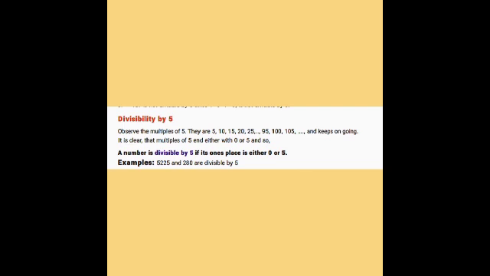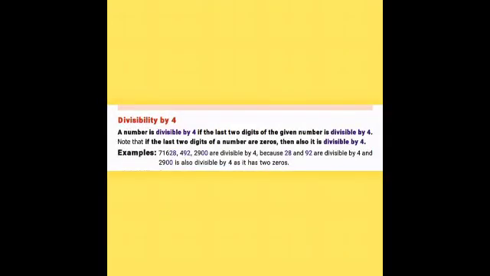The next test of divisibility rule is divisibility by 4. If a number is divisible by 4, the last two digits of the given number should be divisible by 4. If the last two digit number is divisible by 4, the whole number is divisible by 4.